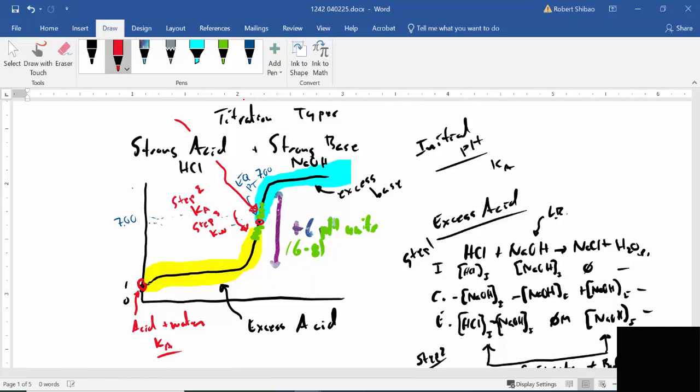Let's say you had like 10 to the minus 8 molar hydroxide. 10 to the minus 8 molar, the power is 8, and so that gives you a pOH of 8. A pOH of 8 means the pH is 6. Can an excess sodium hydroxide solution have a pH of 6? That's impossible, because a pH of 6 is not basic. A pH of 6 is acidic. So what am I missing?